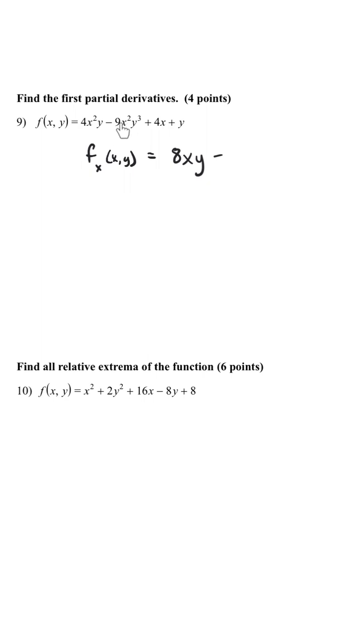So we're only really differentiating the 9x squared, that is 18x, and then we multiply it by the y cubed. So it's minus 18xy cubed. And then the derivative of 4x with respect to x is 4. And then the derivative of y, since y is a constant, if we're doing the first partial derivative with respect to x, the derivative of a constant is 0.